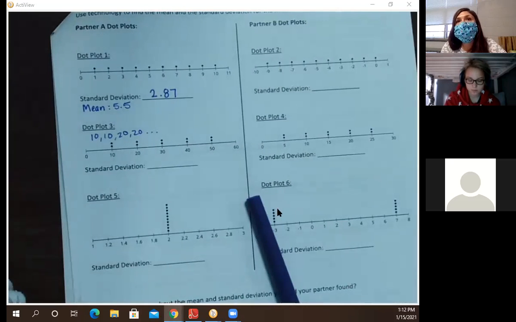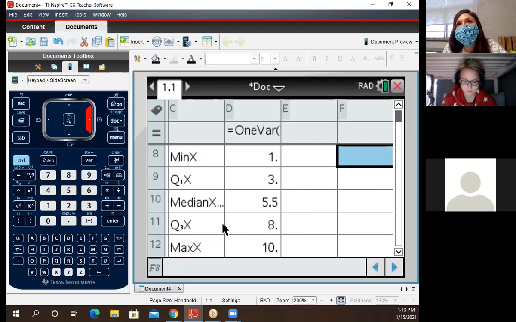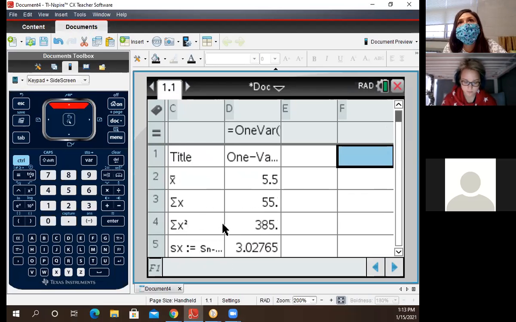So I'm going to go back to my calculator. And I have a couple options at this point for entering that new information. I could go back to my home screen, make a whole new document on the list and spreadsheet, start from scratch, like we did for this problem. That's fine. I could also just arrow over to a blank column, type a new name up here.